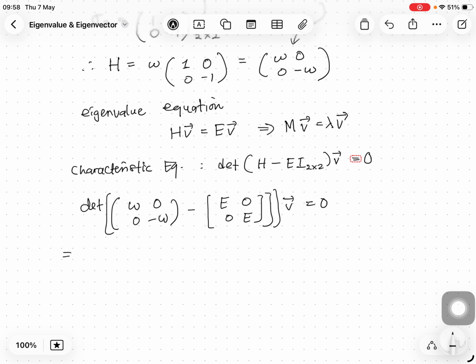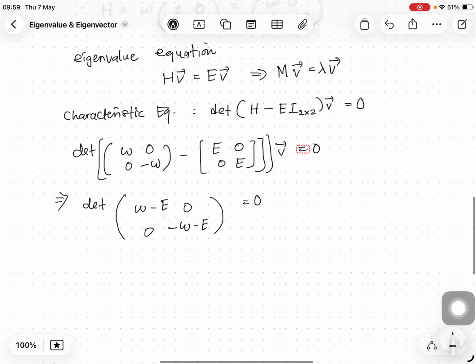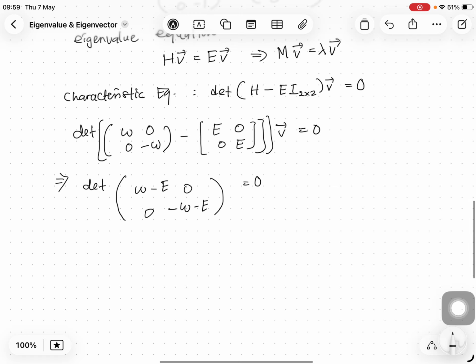So what do you do here? Finding the determinant of omega minus E, 0, 0, minus omega minus E, equals 0.